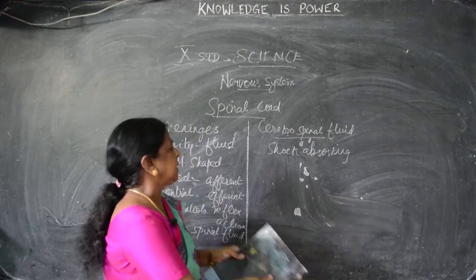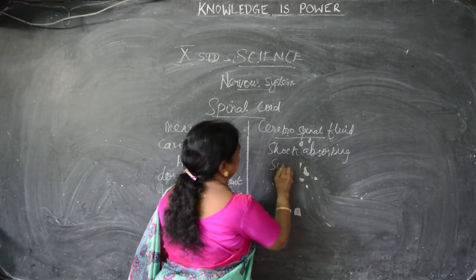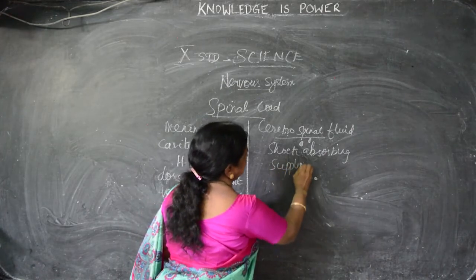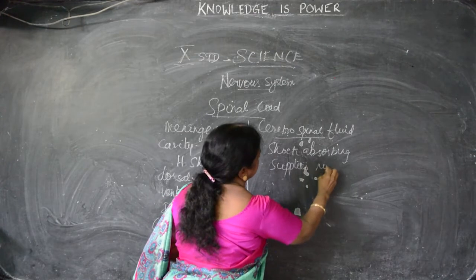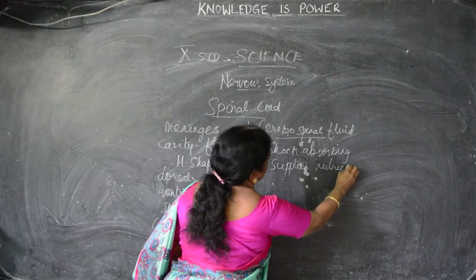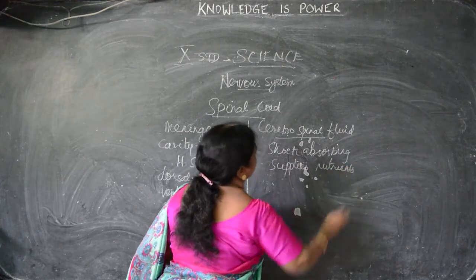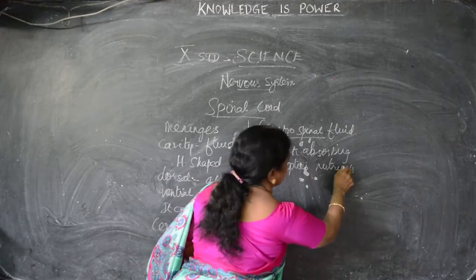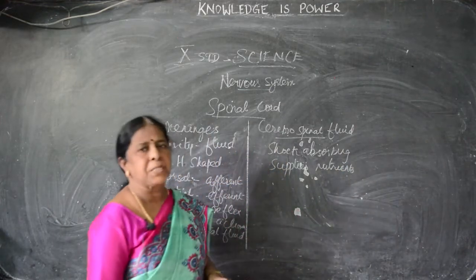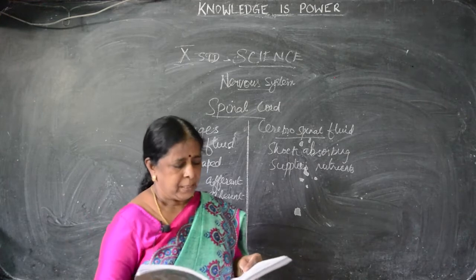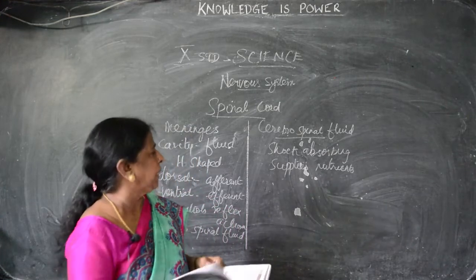It supplies nutrients to the brain. So first you learn the book back questions, afterwards you will learn other important questions. What are the functions of cerebrospinal fluid? It removes waste from the brain.